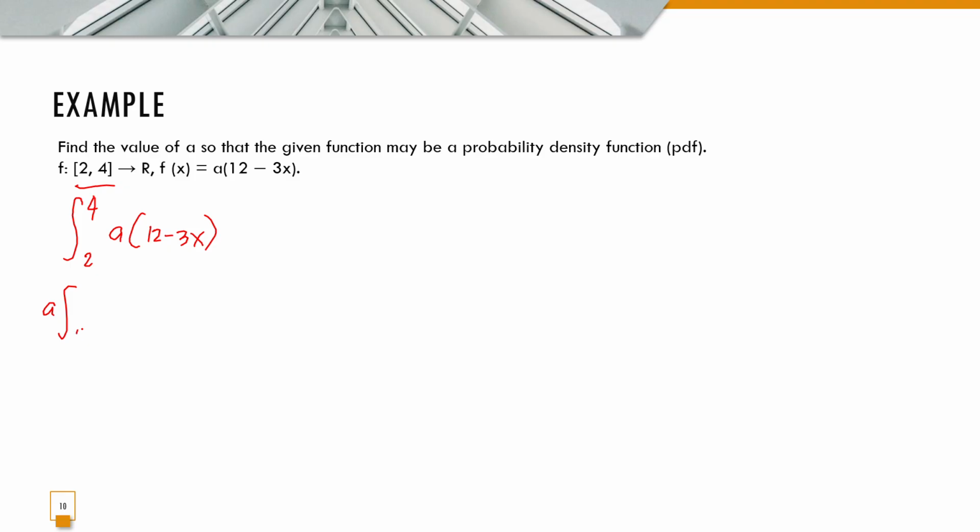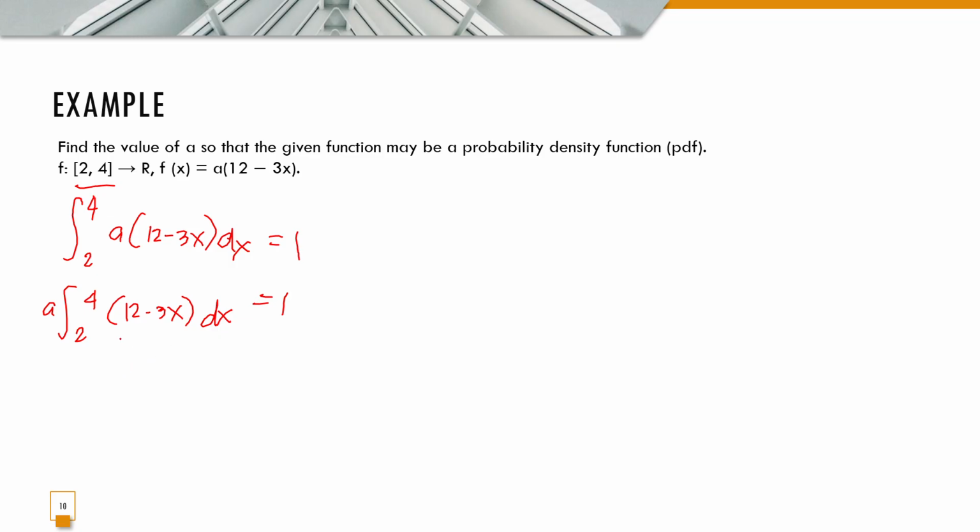So a times the integral from 2 to 4 of 12 minus 3x dx is equal to 1.